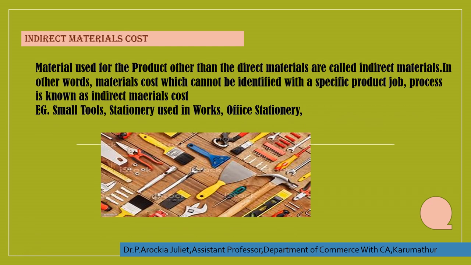Indirect material cost. Materials other than the direct material used to produce the product are called indirect materials. Material cost which could not be identified with a specific job or process is known as indirect material. For example, small tools, stationery used in works, and office stationery.